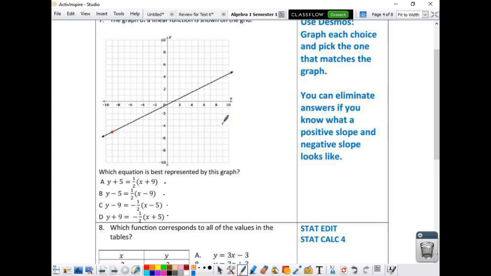But if you know what a positive slope and a negative slope looks like, so positive slope looks like this, and a negative slope looks like that, then you can eliminate some of the answers, and that way you don't have to type all of them into Desmos. So if you look at this line, it has a positive slope.